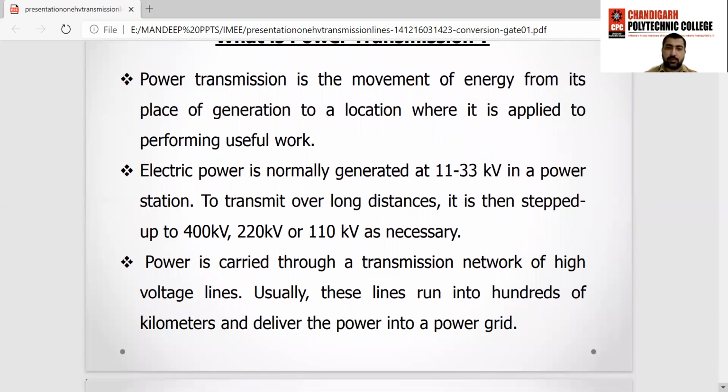Electric power is normally generated at 11 to 33 kV in a power station. To transmit over long distance, it is then stepped up to 400 kV, 220 kV, or 110 kV as per requirement. Power is carried through a transmission network of high voltage lines. Usually, these lines run into hundreds of kilometers and deliver the power into a power grid.